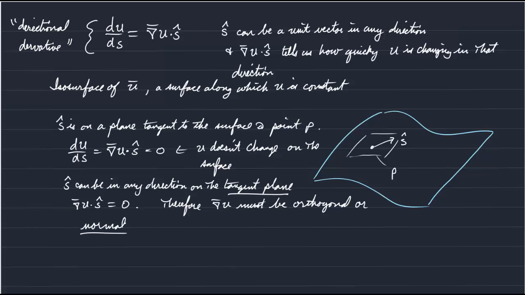Another word for perpendicular is orthogonal or normal to the tangent plane. So that tells us, since the dot product is 0, that grad u must be normal to the plane. And let's define a new unit vector, n hat, as the unit vector normal to the tangent plane.